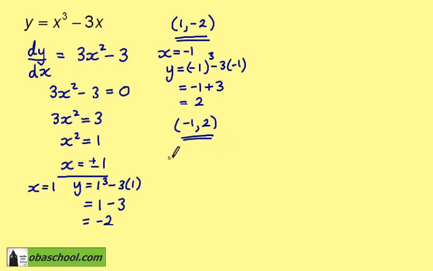We can investigate the nature of these turning points using the second derivative, d2y/dx squared. We differentiate dy/dx again, and we get 6x.